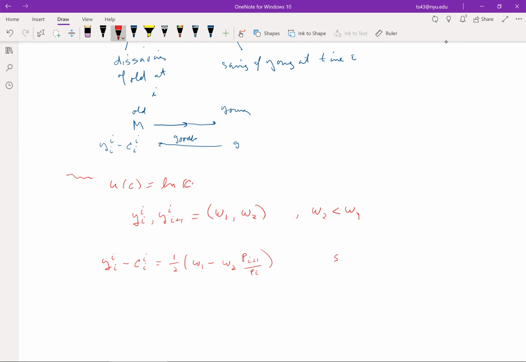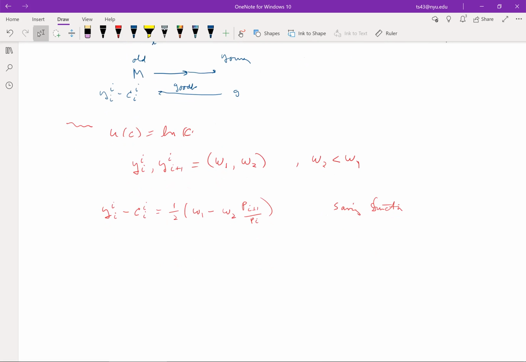That's what the saving function looks like with log preferences. So you save half your endowment today minus, see, you save less the bigger your endowment tomorrow, and the bigger the rate of inflation is. Inflation is a savings killer in this model.